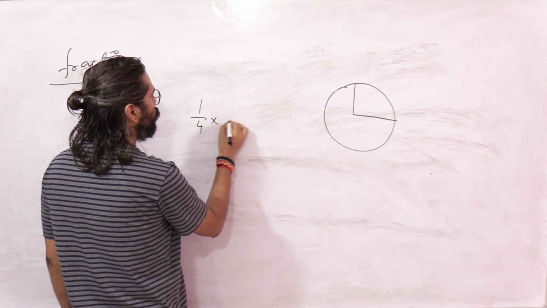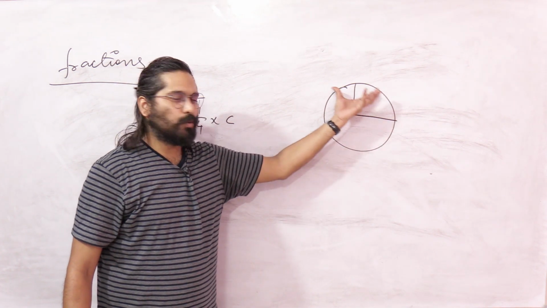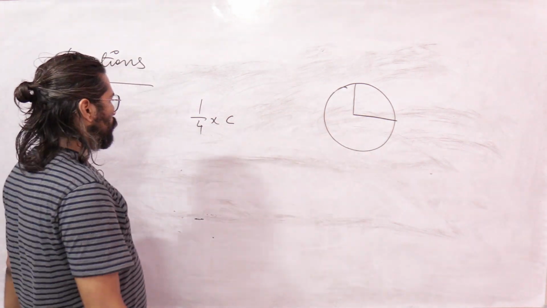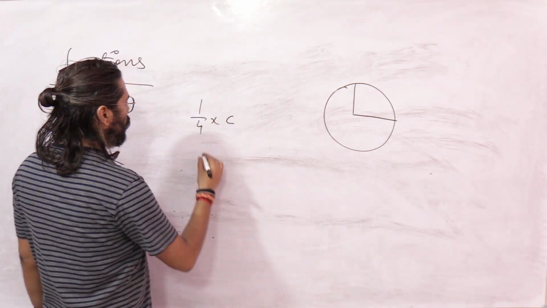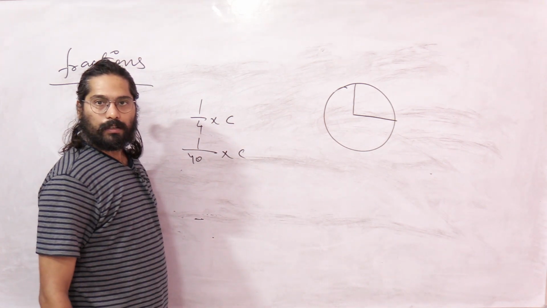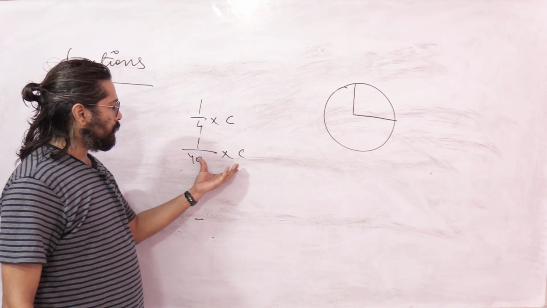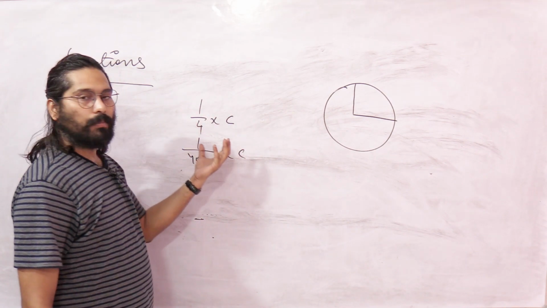Suppose the circle is a thing, anything, so 1/4 of this particular circle. Now, suppose you want 1/40th of this circle. Definitely, this portion is going to be smaller than the previous one.